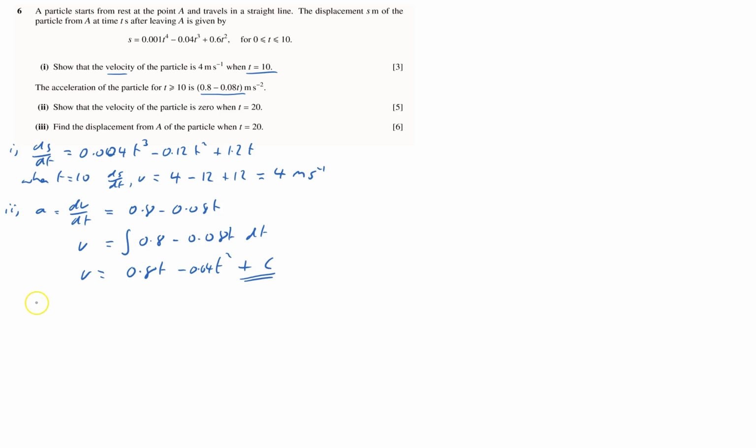So in order to do this, we need to know when, and this is true for when t is greater than or equal to 10, so when t equals 10, the velocity equals 4. Just work that out in the first part up here.